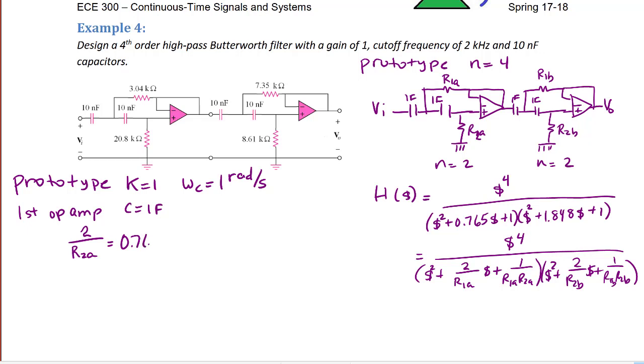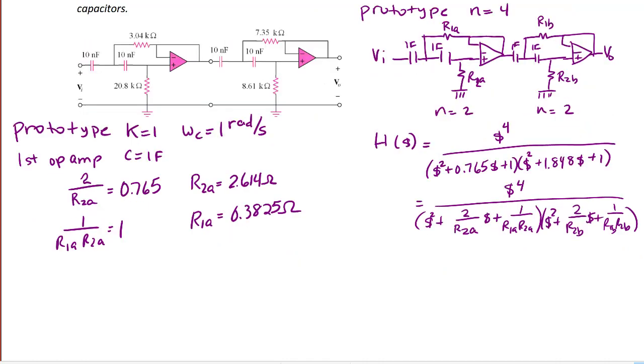So R2A is equal to 2.614 ohms. And 1 over R1A times R2A is equal to 1. So R1A is equal to 0.3825 ohms.